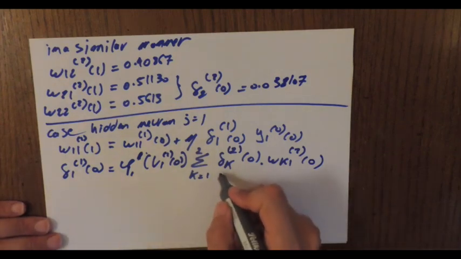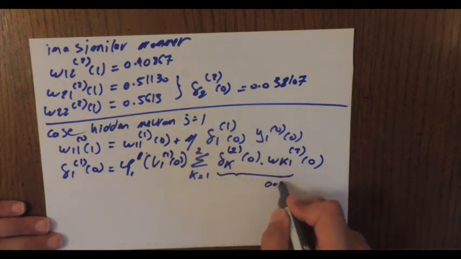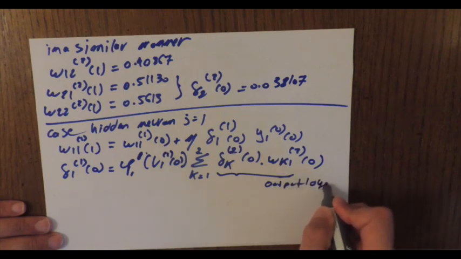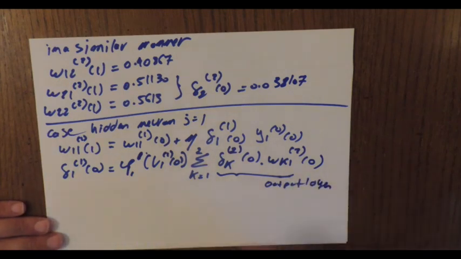So this is the formula. Remember, these are from the output layer. If we have two hidden layers, this will be for the second hidden layer.